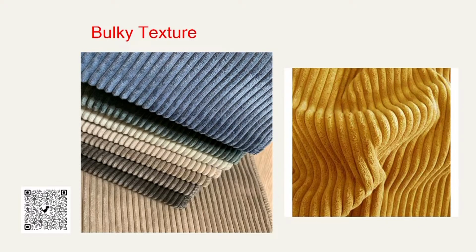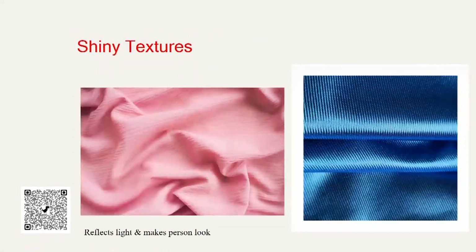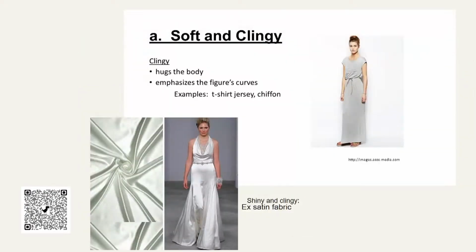Let me give you a small recap of what textures we have seen. Bulky textures, then stiff and bulky textures, rough textures, rough and dull textures, embossed finish textures, shiny textures, and soft and clingy textures.